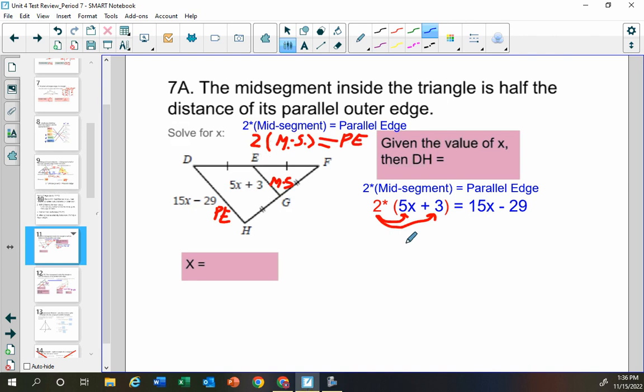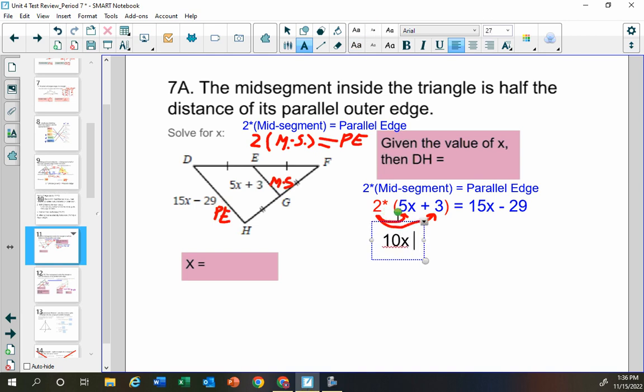Isn't it 10 plus 6? 10 what? 10x. Yes, you have to include the x. So that's right, 2 times 5x, 10x. 10x plus 6, not 3, but 6.